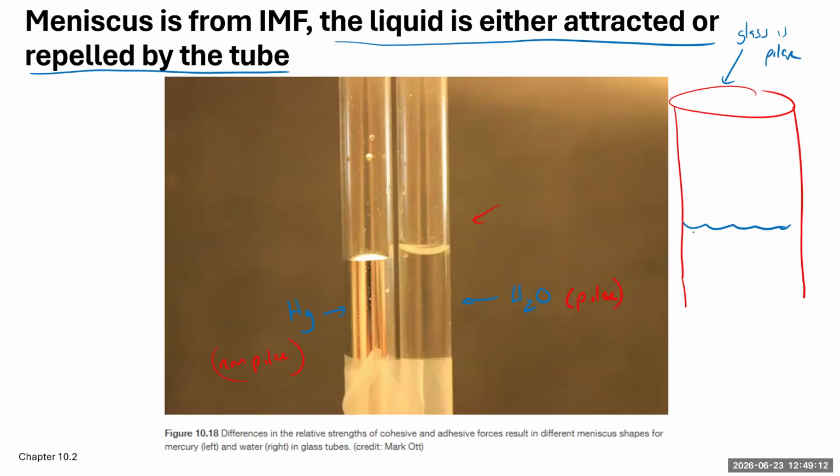So what happens is those water molecules, since it likes that polar stuff, it tries to climb up the sides because water is attracted to the polar glass.